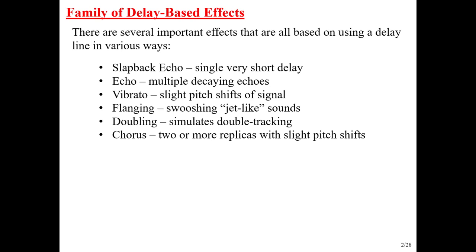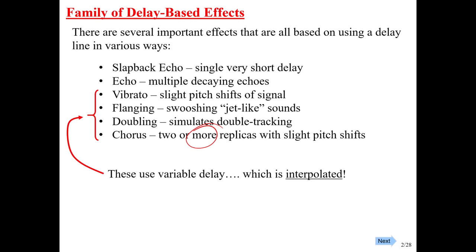Chorus is really trying to make it sound like two people are singing in unison, slightly out of pitch, not in a way that's offensive, but just slightly out of pitch. And you can do more. We can do multiple voice choruses and things like that. So these two just use a fixed delay. The user sets it, so the user can adjust it, but once you're playing through it, it stays fixed.